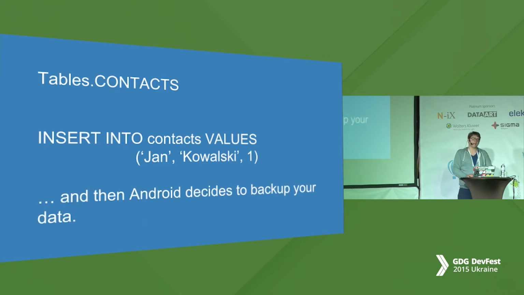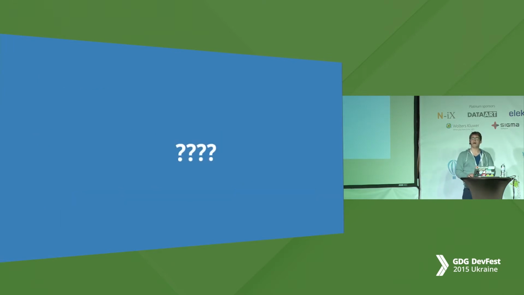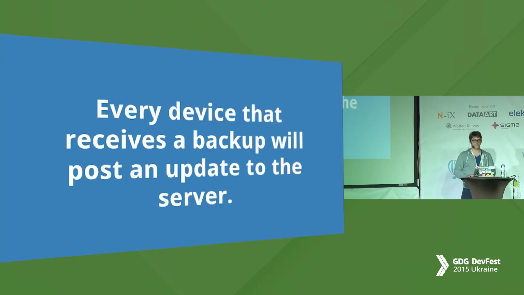And then Android backs up your data at this very moment, before the synchronization starts. So what happens? What do you think? Now, let's say that you got 5 different Android devices, and you populate those changes on every single device. So what happens?